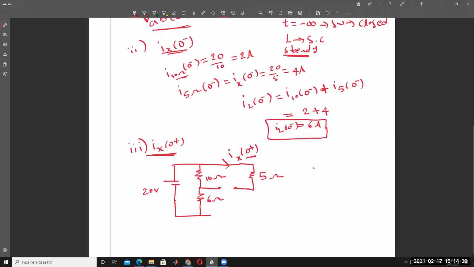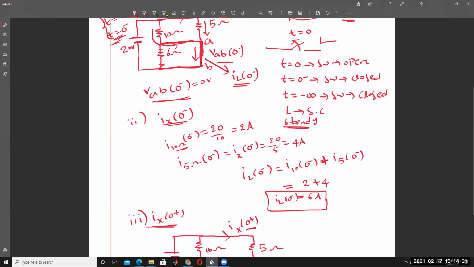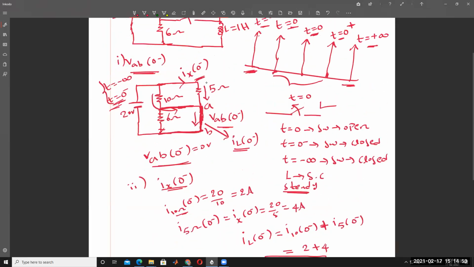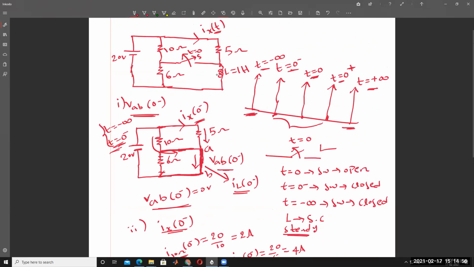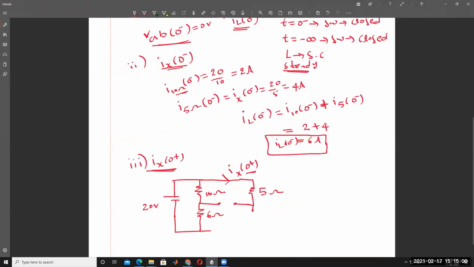Ix of T, after T is equal to 0 plus, with the switch open. Here the time constant is one of the important concepts. The inductor does not allow sudden changes in current, that's why it is acting as an open circuit.